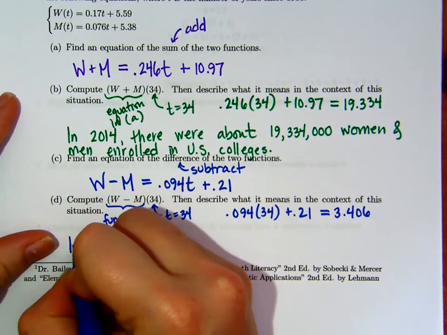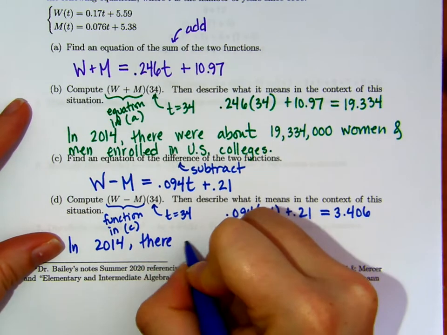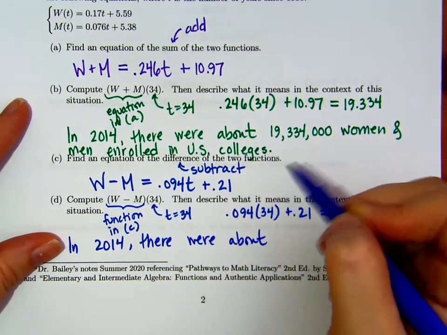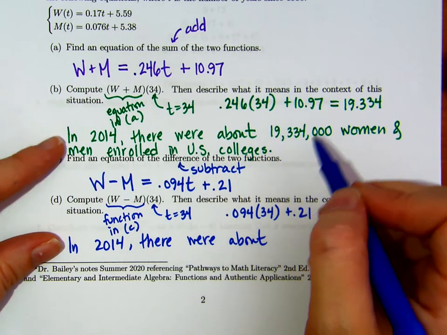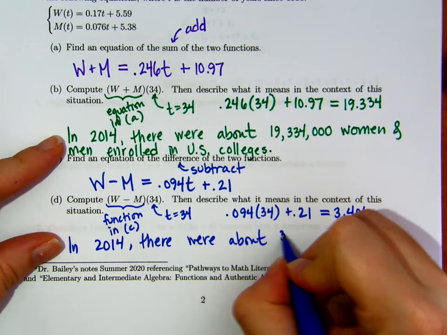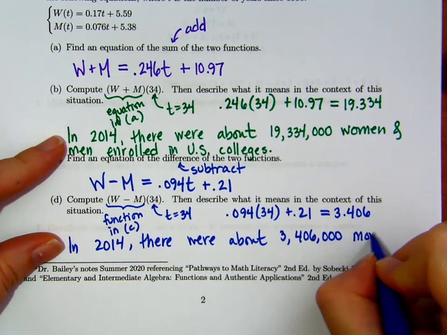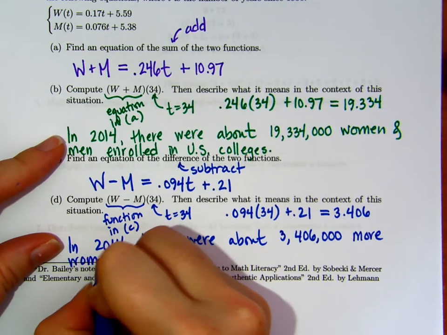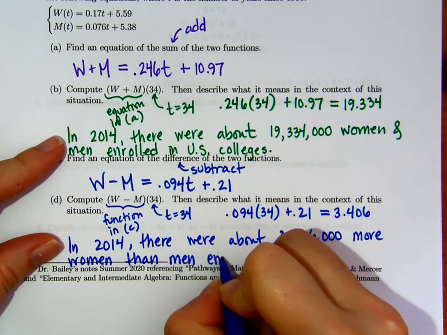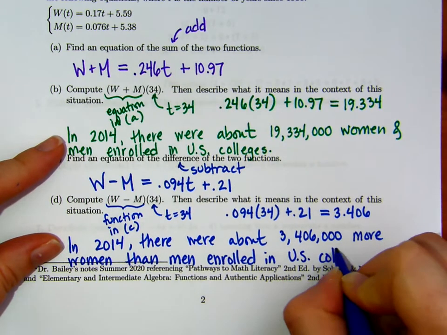In 2014, there were about, because remember, models aren't perfect, they're just really good estimated guesses, but they're never perfect. There were about 3,406,000 more women than men enrolled in United States colleges.